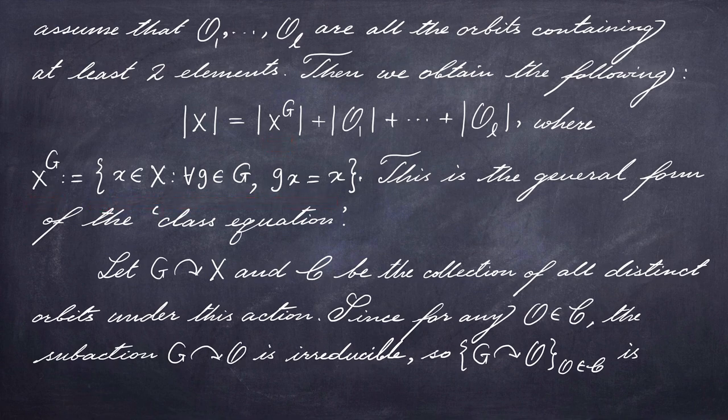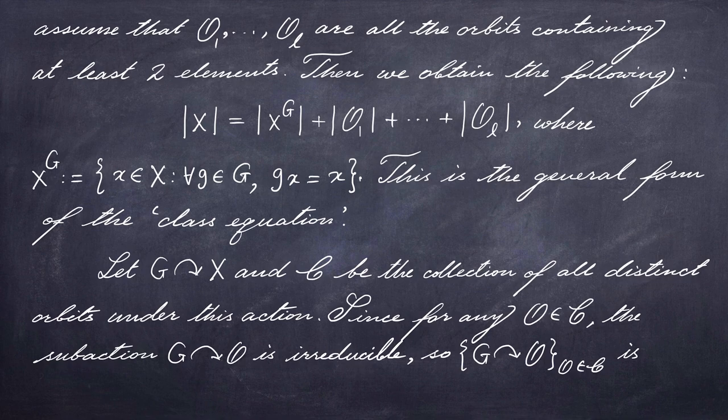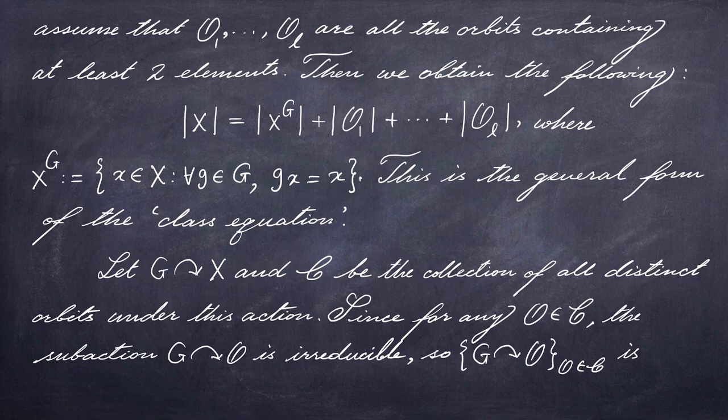So thus, rewriting the previous formula by splitting the right hand side into trivial orbits and non-trivial orbits, we obtain this. This is known as the general form of the class equation.